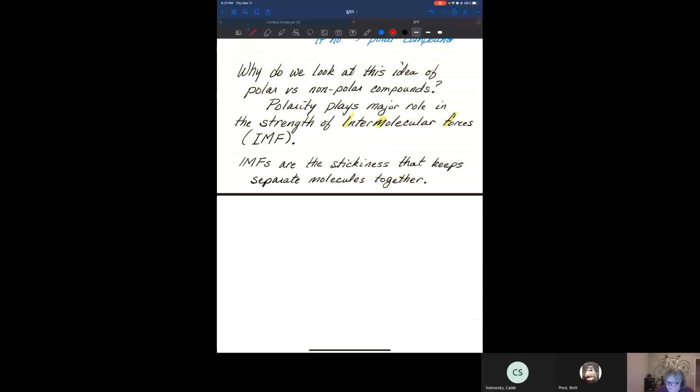They are not bonds. Bonds are much, much stronger, and they are, for the case of covalent compounds, which is what we're dealing with here, pairs of electrons directly between two atoms. That's a bond.